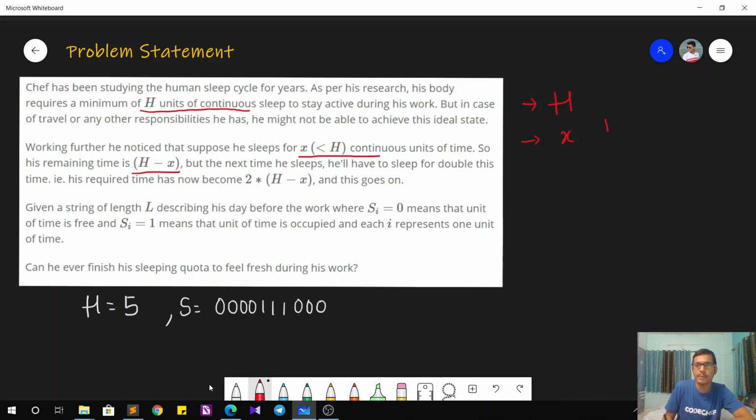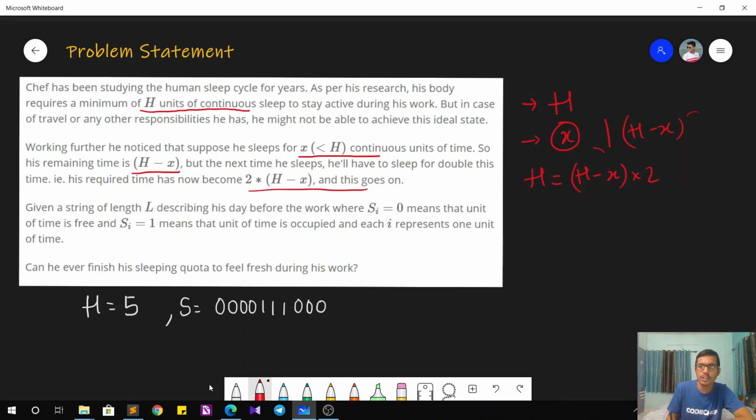So now you might be thinking that H minus X is left, right? But no, because he did not sleep for the full time, the H minus X amount gets doubled, and now the new value of H is (H minus X) into 2, and this goes on.